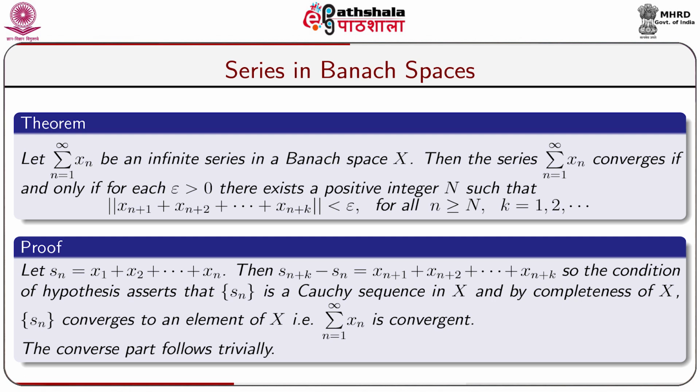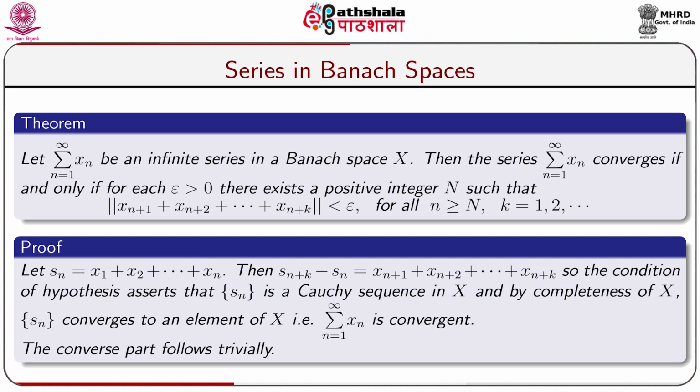The proof goes below. Let us take a partial sum Sn is equal to x1 plus x2 plus dot dot dot plus xn. Then Sn plus k minus Sn is equal to xn plus 1 plus xn plus 2 dot dot dot plus xn plus k.